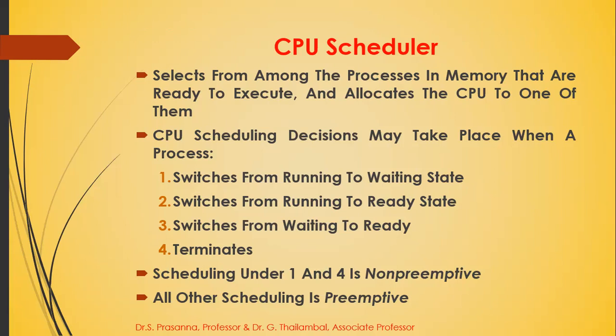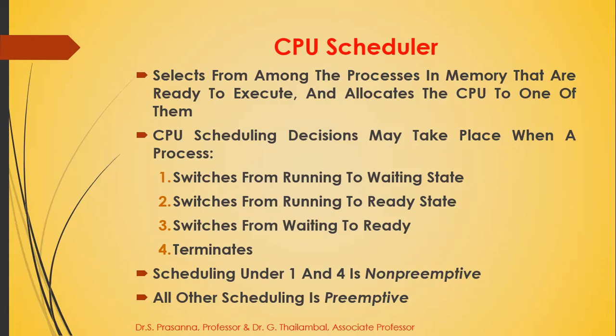A CPU scheduling decision may take place when a process switches from running to waiting state. So when a process is in the running state and is going to be in a waiting state, a CPU scheduling decision needs to be made. From running to ready state switching, a decision is made.